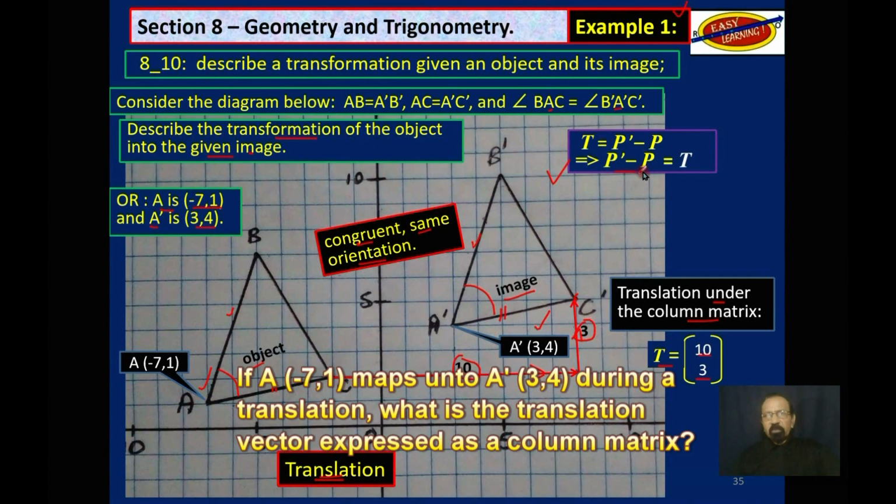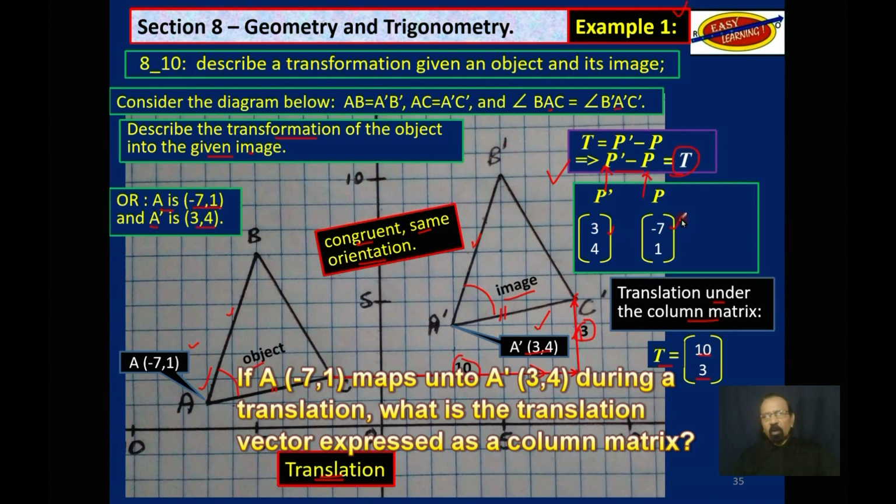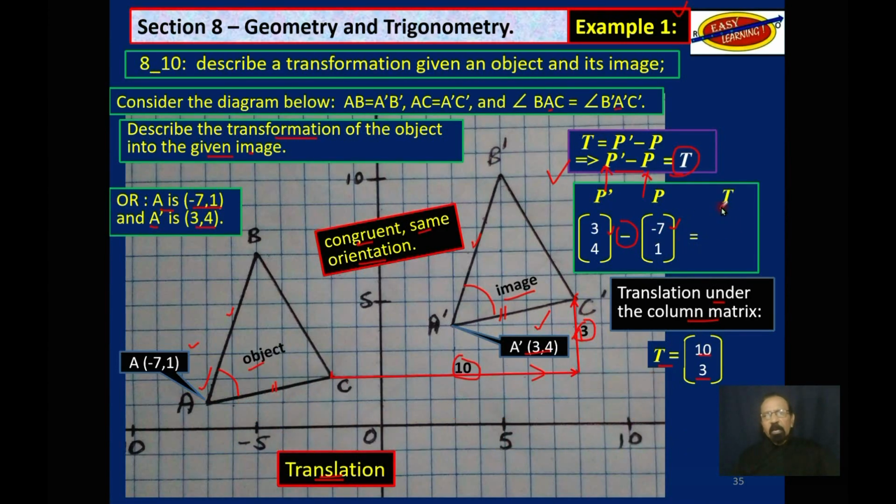So recall this. Any point on the image minus any point on the object is equal to the translation vector. So we will do that down here. The point we have on the image is 3, 4. Set that down there. The point we have on the object is negative 7, 1. We will subtract that. And if you subtract that, we will get the translation vector, which is 10, 3. 3 minus negative 7, which is 10. 4 minus 1 is 3.